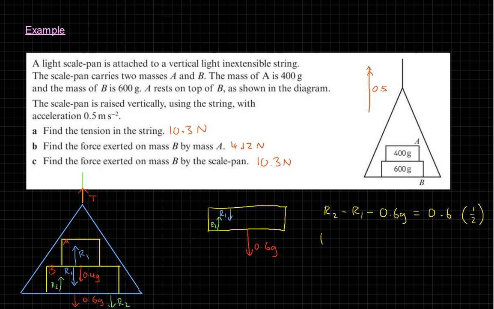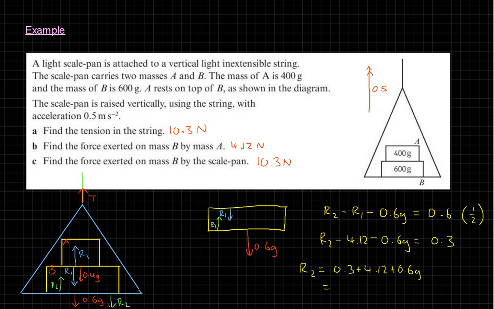So we should be able to say R2 minus 4.12 minus 0.6g is equal to, and then let's simplify the right hand side to 0.3. So R2 is equal to 0.3 plus 4.12 plus 0.6g. And that's equal to, check it on your calculator, 10.3. Okay, so same answer.